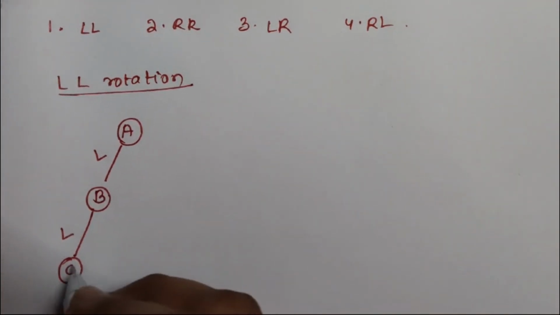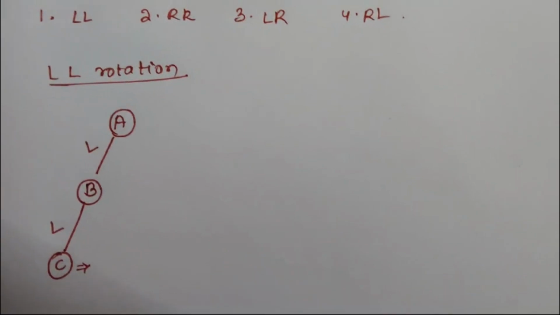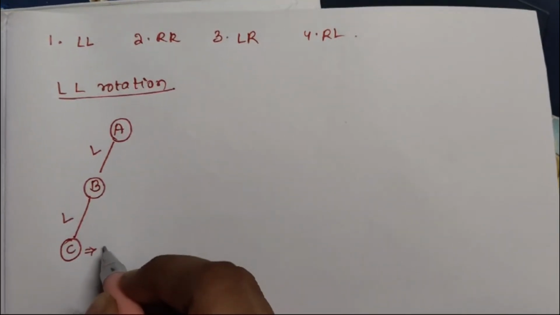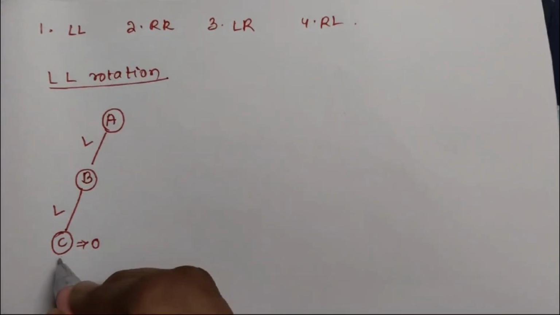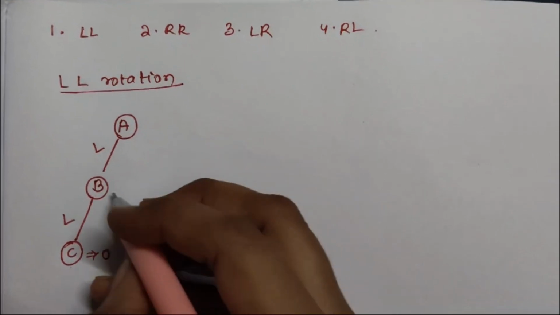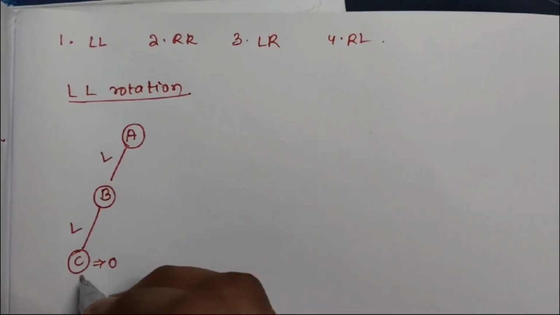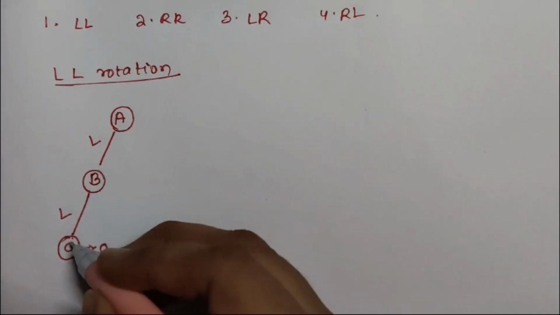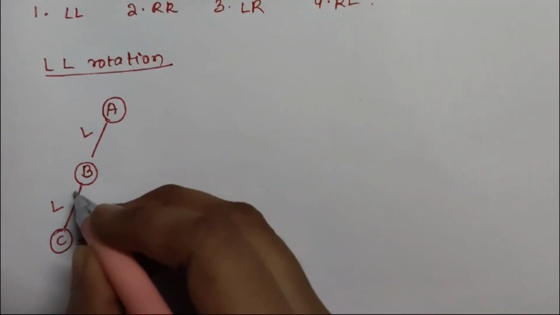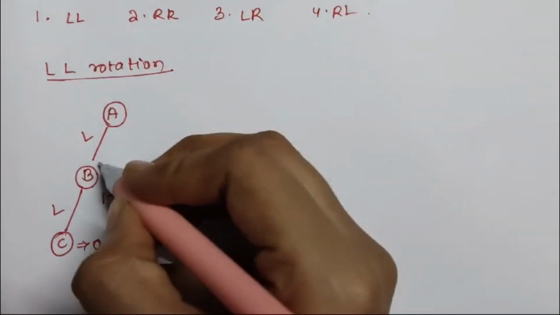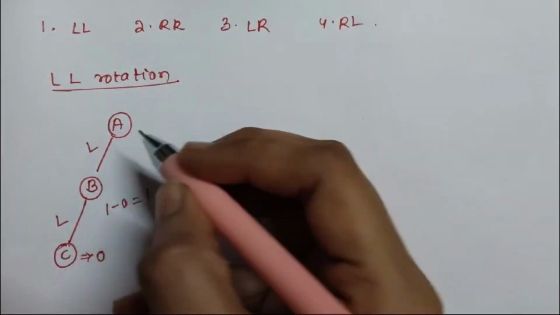It is a leaf node, so the balancing factor is 0 because there are no child nodes for it. Next, for B, how will we calculate? Left minus right. On the left side we have one node, and on the right side we have none. So 1 minus 0 is 1. It is balanced.